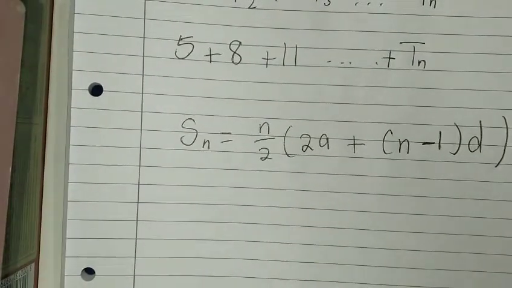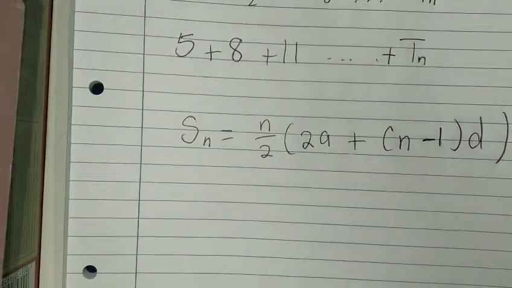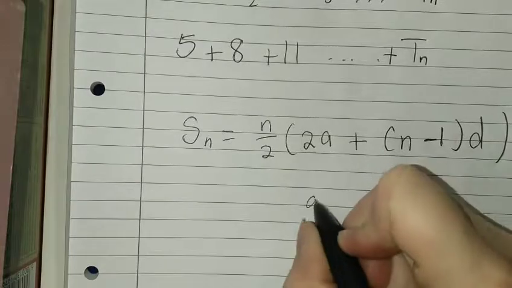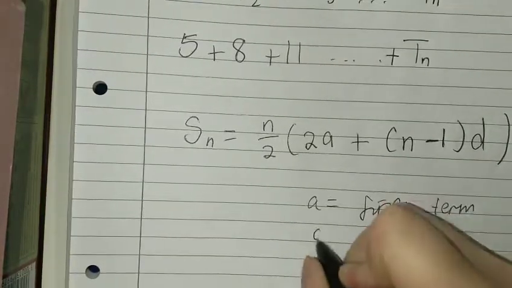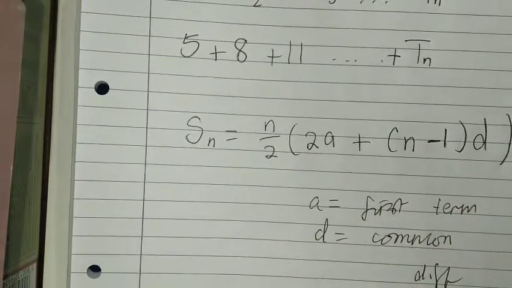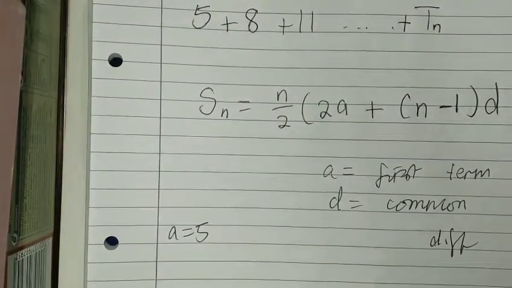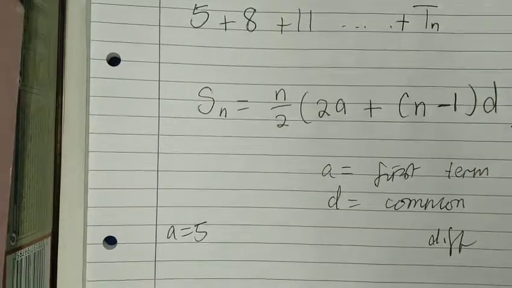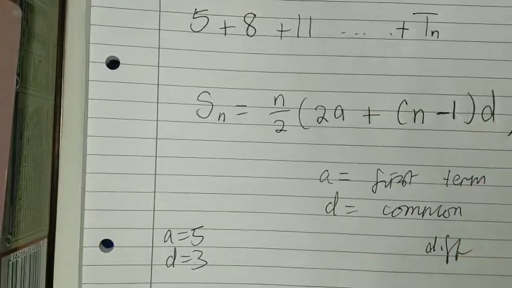We're going to leave n as it is, but we do know that a is the first term and d is the common difference. The first term we got was 5. The common difference we got already was 3, because remember we worked out our differences and we got 3. So I'm going to sub in a equals 5 and d equals 3.